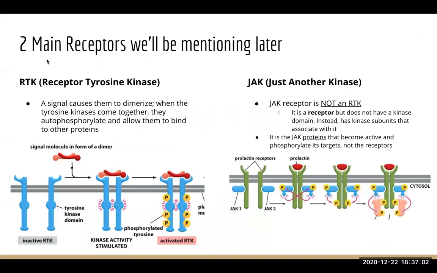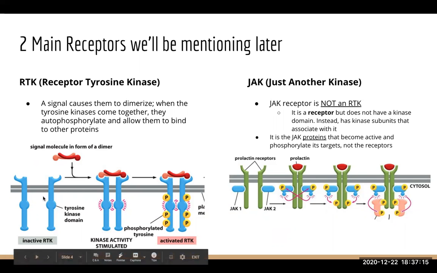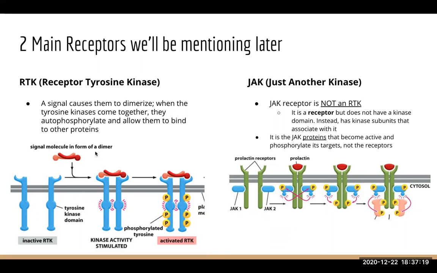Okay, so there's two main kinds of receptors that we're definitely going to be talking about later. Just a brief introduction to these. There's the RTK, receptor tyrosine kinase, and the way that this receptor works is these guys are just sitting around, just loafing on the cell membrane until a signal comes. When the signal connects to the RTK, they come together and they dimerize.